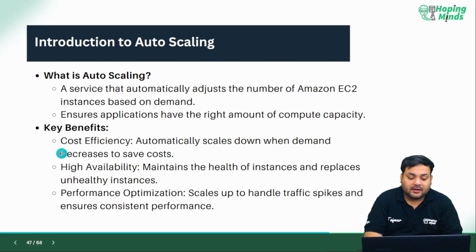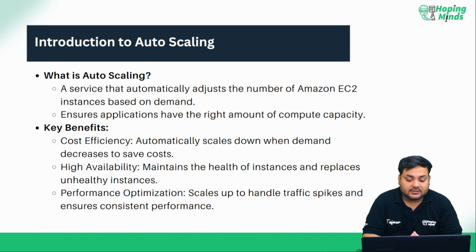The key benefit is cost efficiency, because you can automatically scale up and scale down. If you have very high traffic, or if you need very high computation, you can scale up the number of instances, but when you don't have anything, you can scale down.